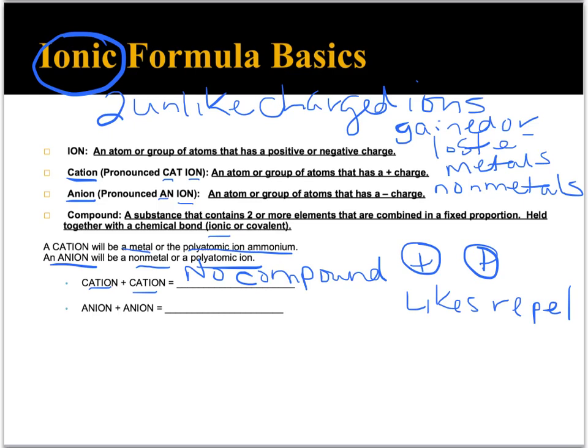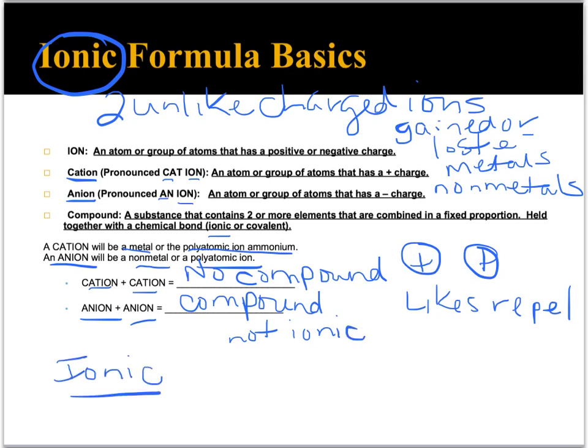If you have two anions, you will get a compound, but it's not ionic. Okay, so to review here, before we move on to the next slide, for an ionic compound, you need a positive ion and a negative ion, and those will make an ionic bond because unlikes attract.